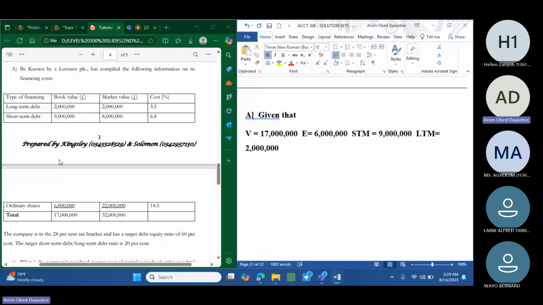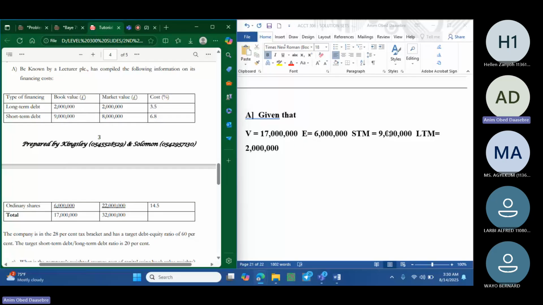When you add them all, you get 17 million. That's the total. If you are using the book value to find the WACC, 17 million is the total. Then each of them, you split using their respective book values as their weights.